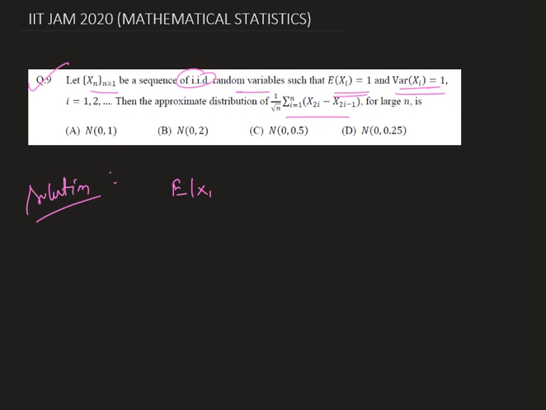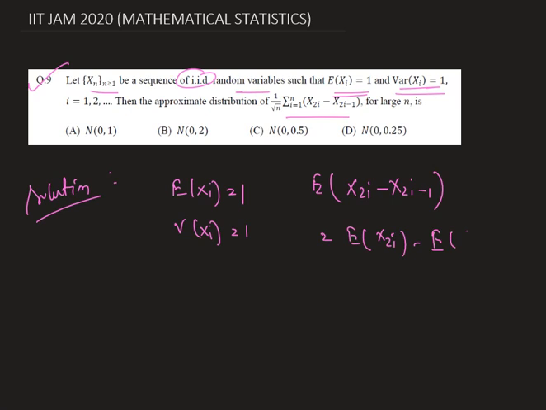Now expectation of Xi is equal to 1, variance of Xi is also equal to 1. Therefore expectation of X2i minus X2i minus 1 is equal to expectation of X2i minus expectation of X2i minus 1, which is 1 minus 1, which results in 0.